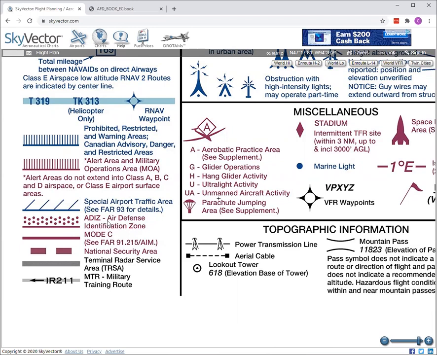ADIZ, so these are borders. Along the Canadian border and Mexico border, you'll have an ADIZ, and the ADIZ is basically a zone which, when you're going through it, you have to have a special flight plan for VFR pilots, at least. For VFR pilots, you have to have what's called a Defense VFR Flight Plan, or DVFR.